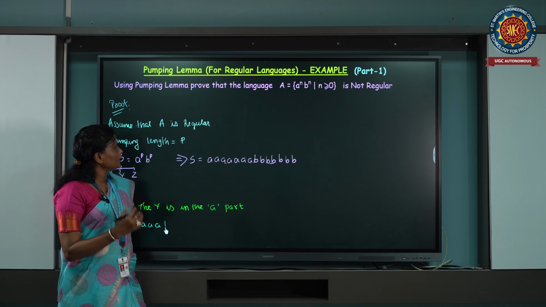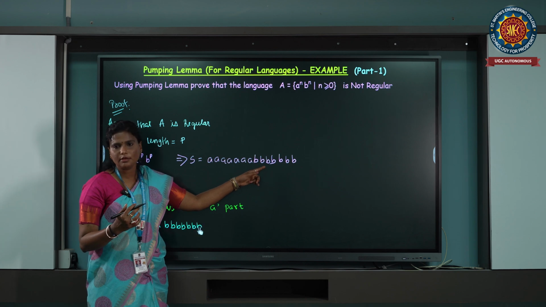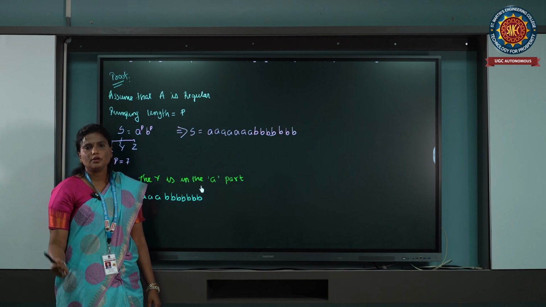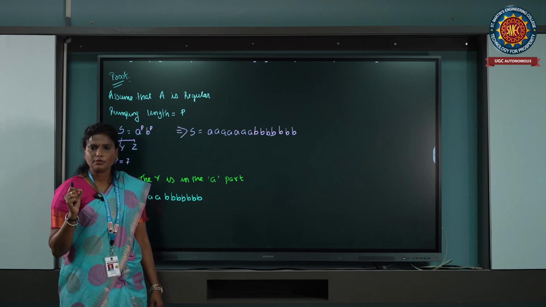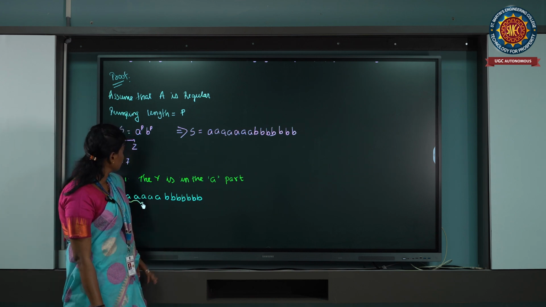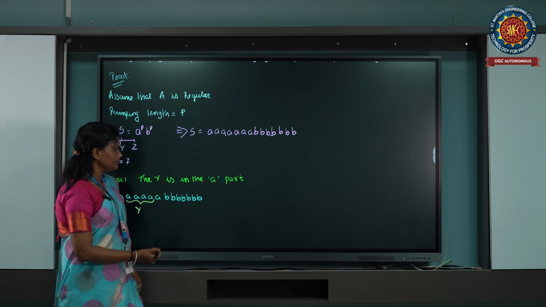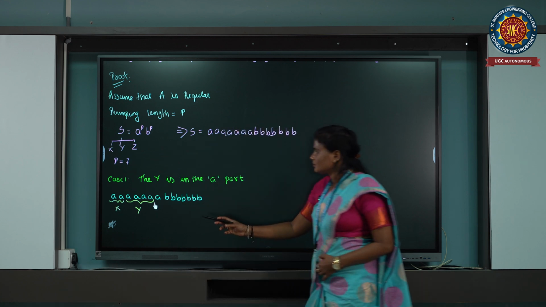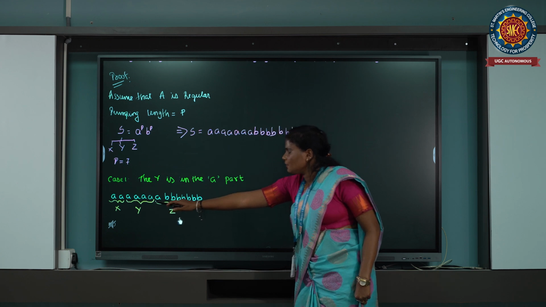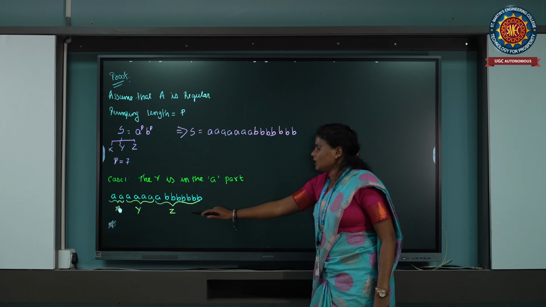And in the third case, Y should contain both symbols, A and B. I am taking here X as 2 A's, 4 A's as Y, and 1 A and the rest of the B's as Z.